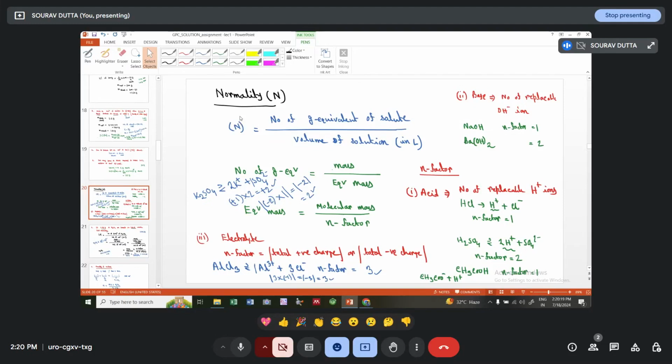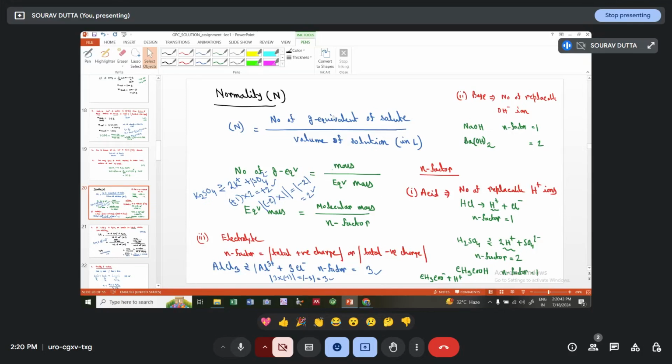So normality means number of gram equivalent of solute divided by volume of the solution, volume in liter. That means 1 liter solution contain how much gram equivalent of solute. This is known as normality.